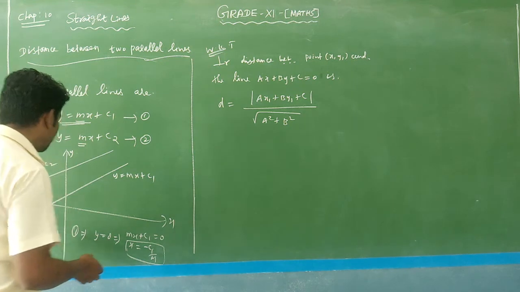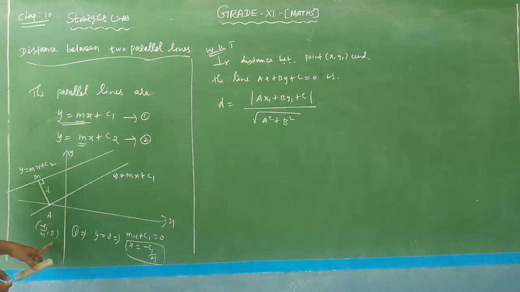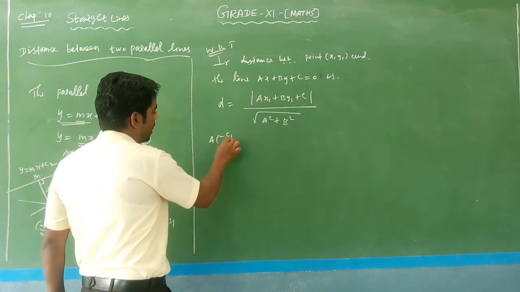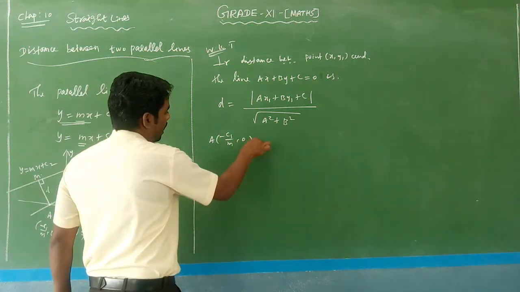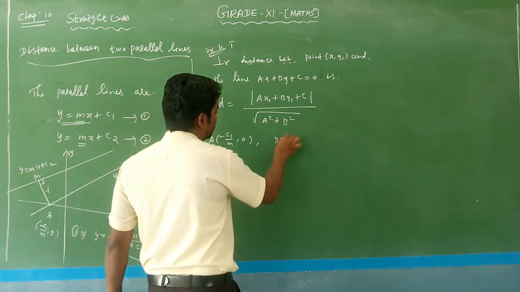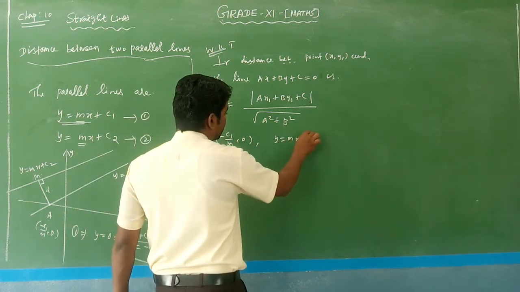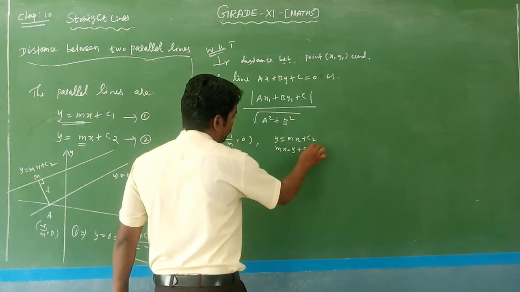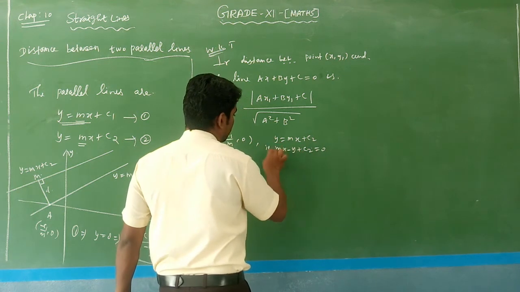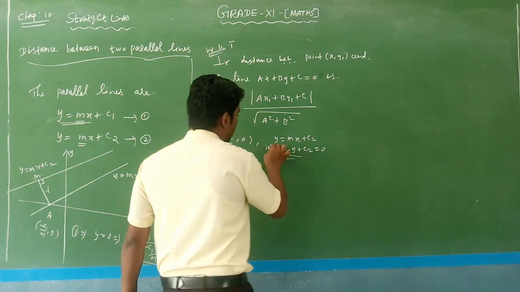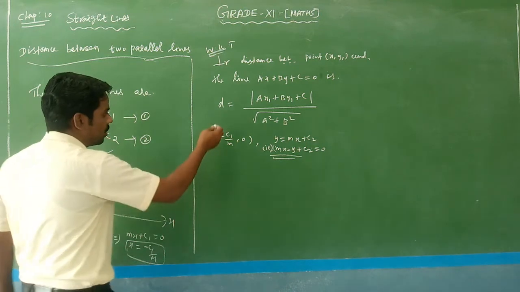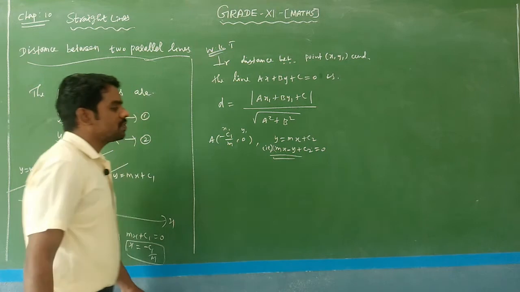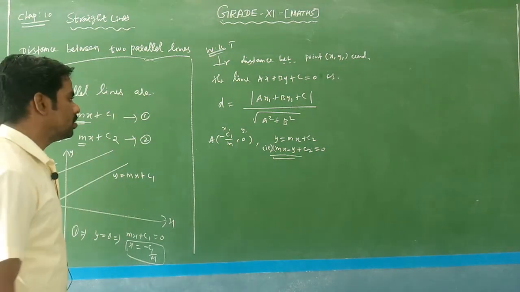AM is perpendicular to y equal to mx plus c2. So the point A is minus c1 by m comma 0. And the line y equal to mx plus c2 is mx minus y plus c2 equal to 0. Okay, right. So this is x1 comma y1, and the line equation is mx minus y plus c2 equal to 0. Substitute these values.